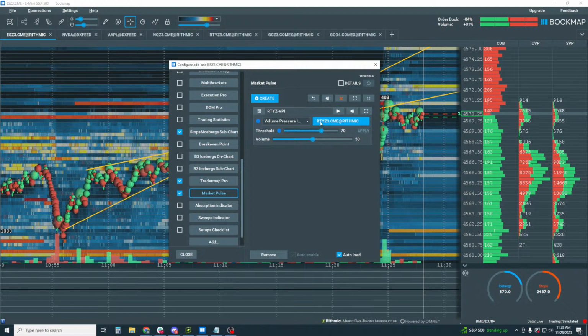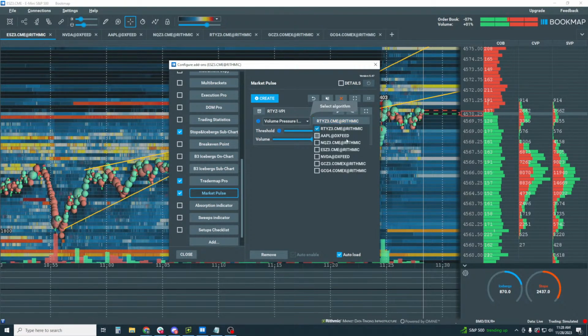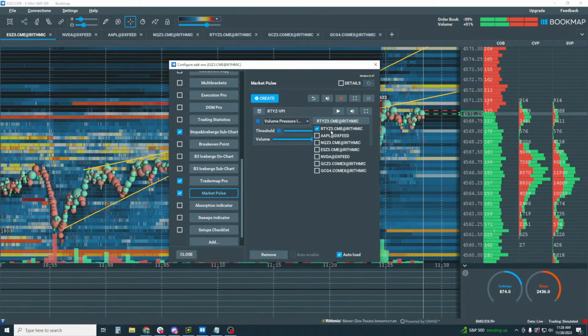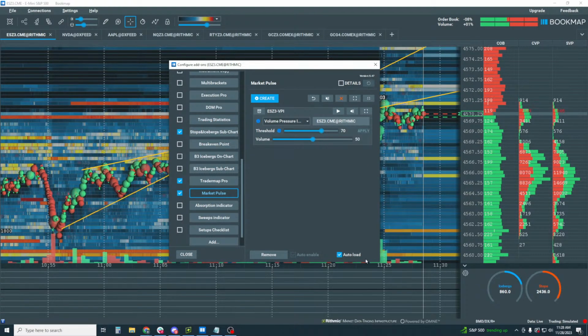And note here, we selected our algo, and then here we'll select our instrument. Note that RTY is selected here. Well, we don't want RTY selected. Let's deselect it and select the ES here. So now it's just for the ES.